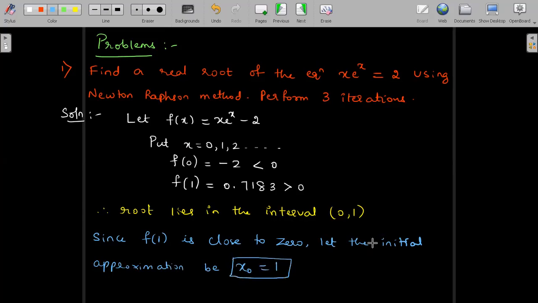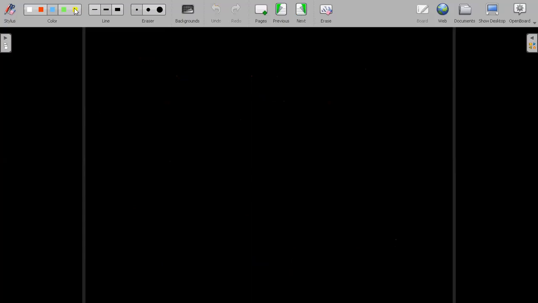Let us assume the initial approximation to the root be x naught is equal to 1. Now we will write down the Newton-Raphson iterative formula. The iterative formula is given by xn plus 1 is equal to xn minus f of xn divided by f dash of xn.